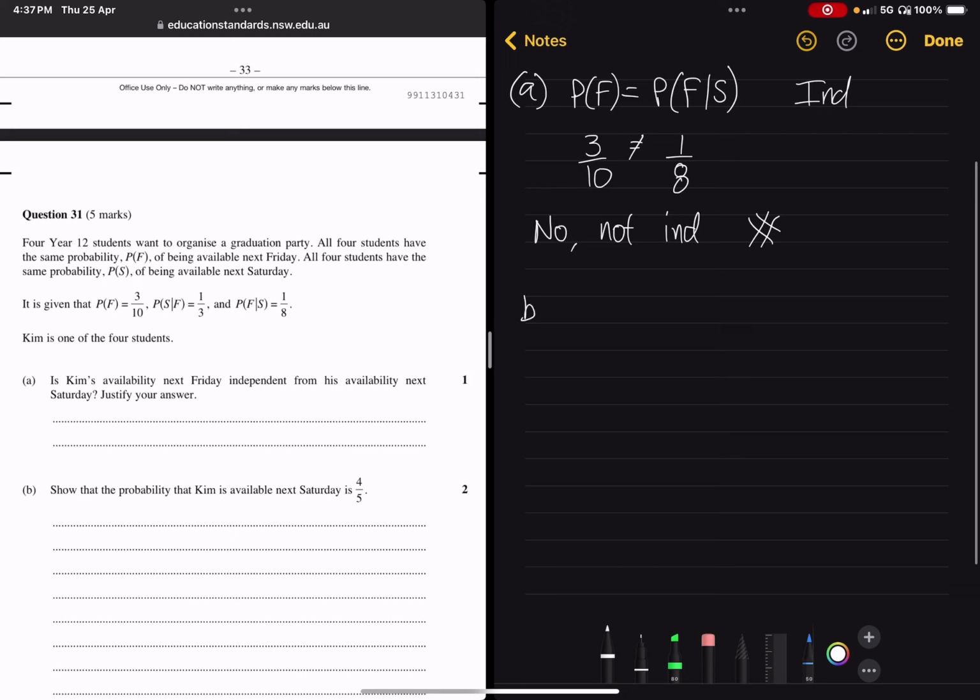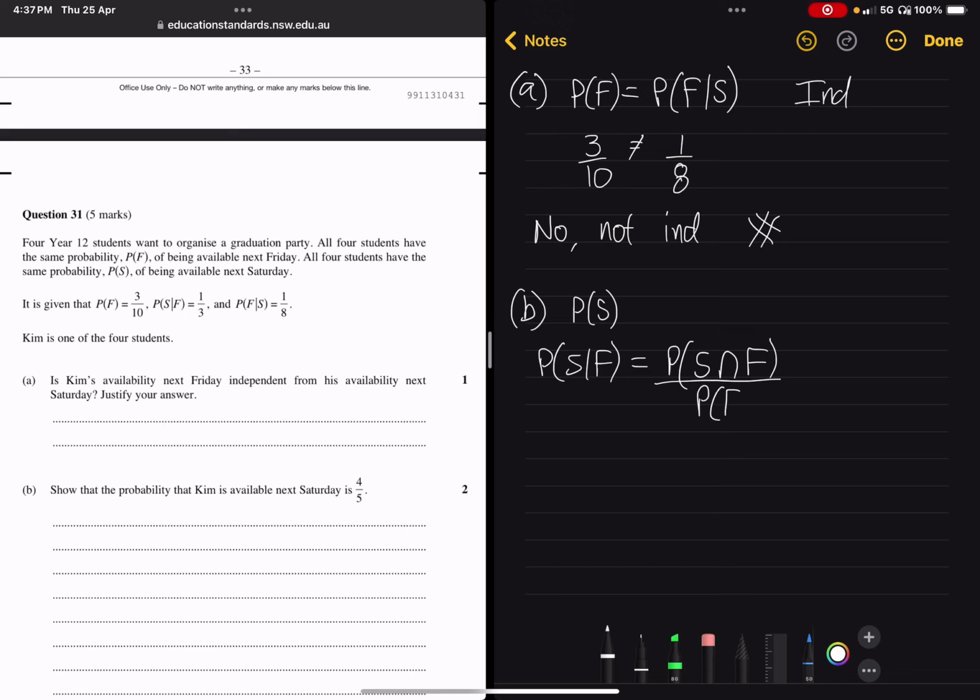So now let's take a look at part B. We've got: show that the probability that Kim is available next Saturday is 4/5. Okay. So here we need to find P(S). And we have a few formulas that we can use here. We can use P(S|F) is equal to P(S ∩ F) over P(F).